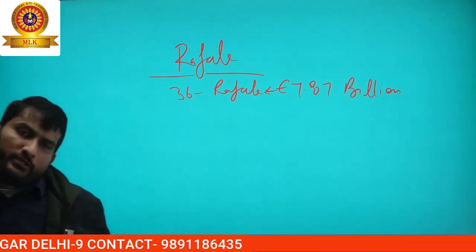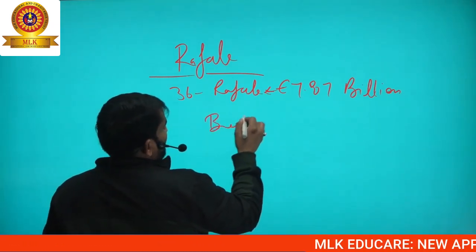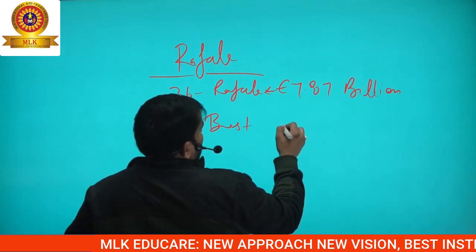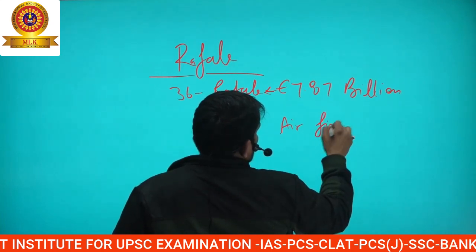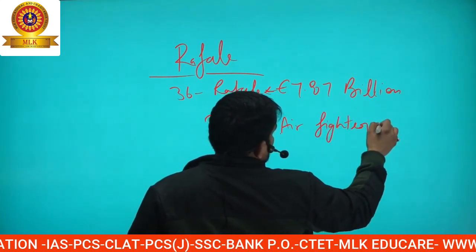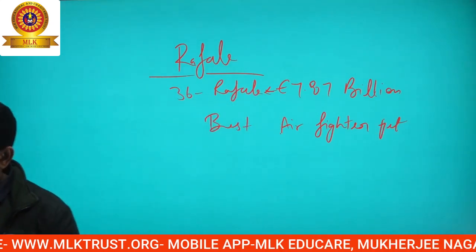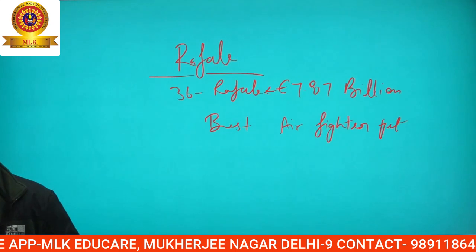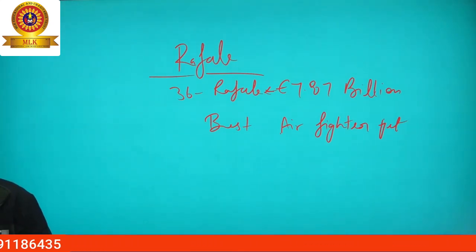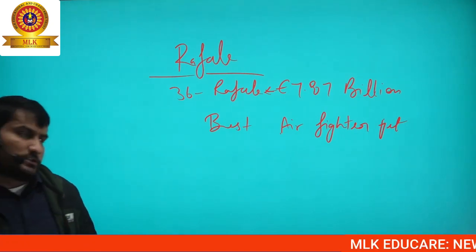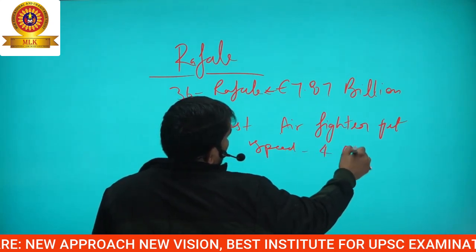Now you can say today the Rafale is considered as the best air fighter jet in the world, and actually the Rafale aircraft has a speed of approx 4 Mach.